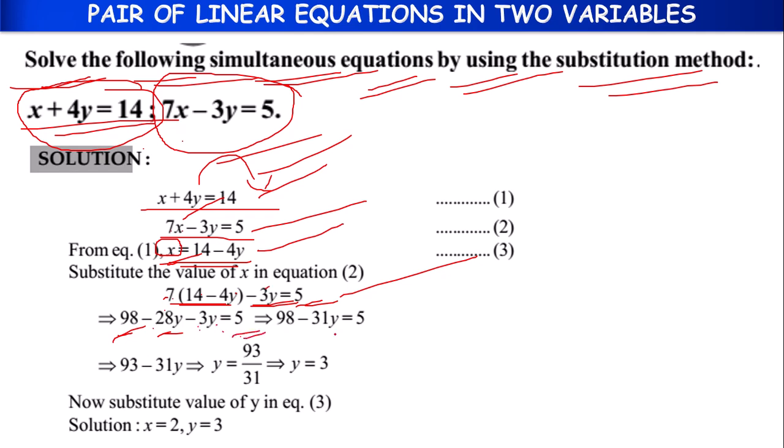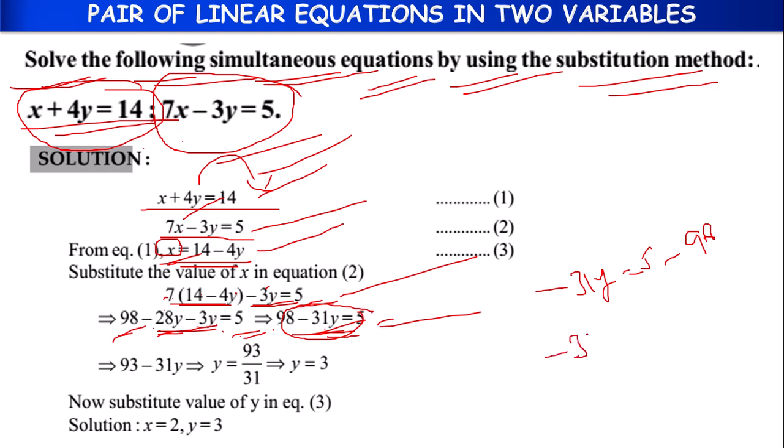Minus 28 minus 3, minus 31y. 98 minus 31y equal to 5. Or we can take 98 that side. Minus 31y equal to 5 minus 98.